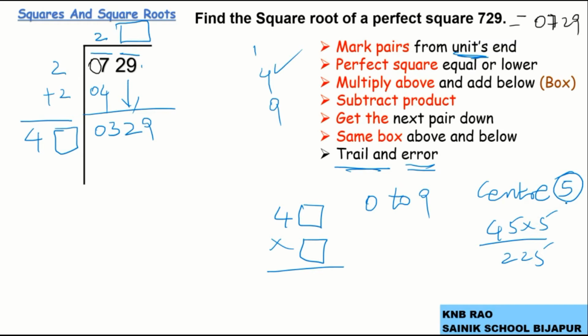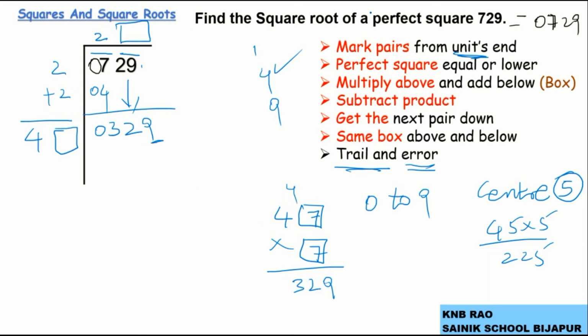But one more technique of choosing a right one, since it is 9, I can have here 3, 3s gives 9, or 7, 7s gives 49. That means it must be somewhere 7 only. So 7 7s are 49, 4 carry, 7 4s are 28, plus 4 is 32.